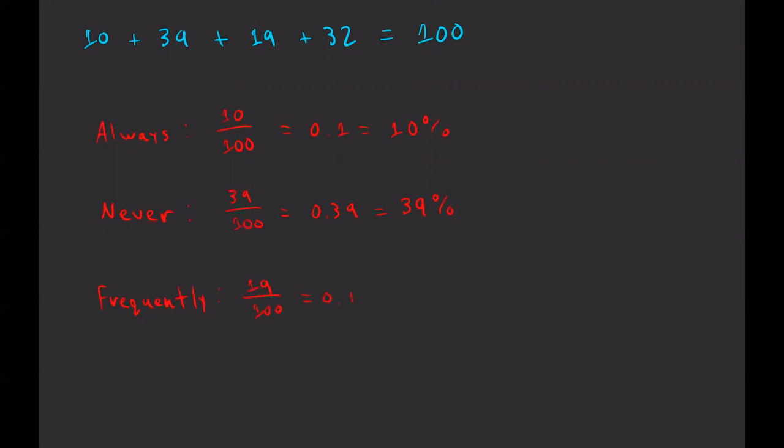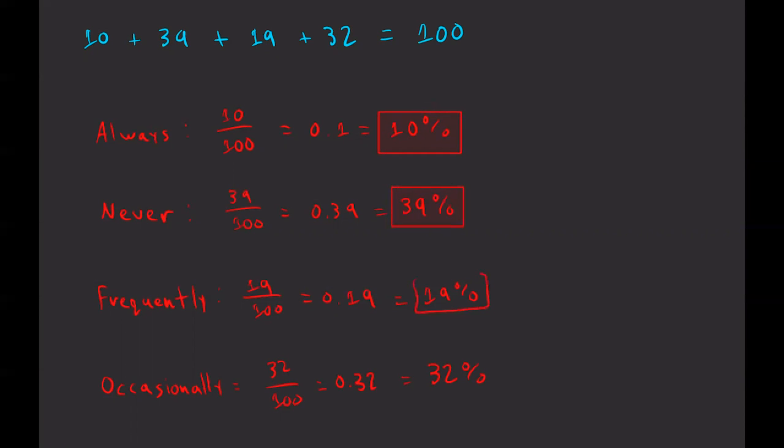This is going to be 19%. These percentages work out nicely just because it's being divided by 100 people. Obviously, it's not always 100 people, and so our percentages might be different. Occasionally, finishing this up, 32 out of 100, 0.32, 32%. So we've got these percentages of people that responded accordingly.